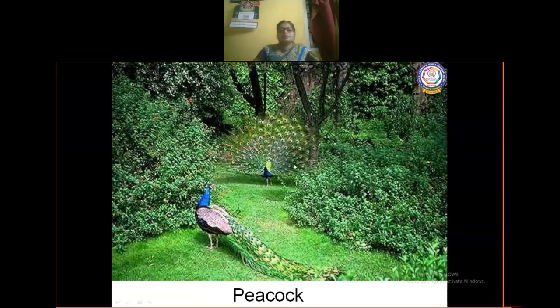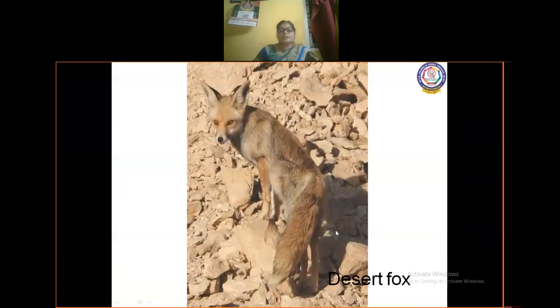The peacock, which is the national bird, how beautiful it is. It prevails in India. Desert fox, of course, in the desert region. Isn't it interesting to see this kind of rare animals that you don't see every day?